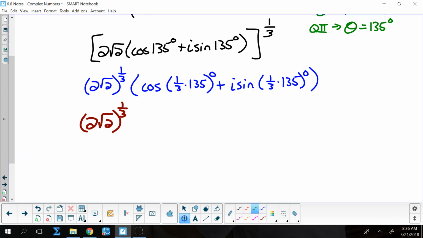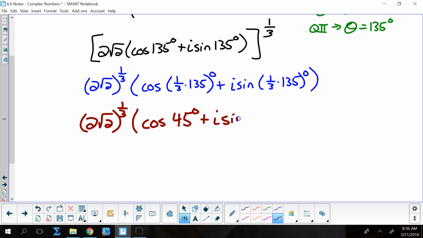Times then the cosine of 45 degrees plus i times the sine of 45 degrees.